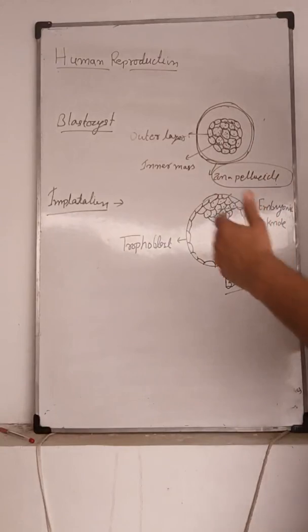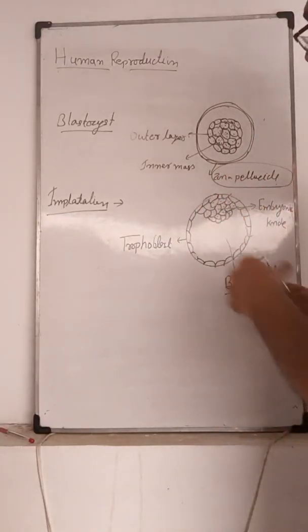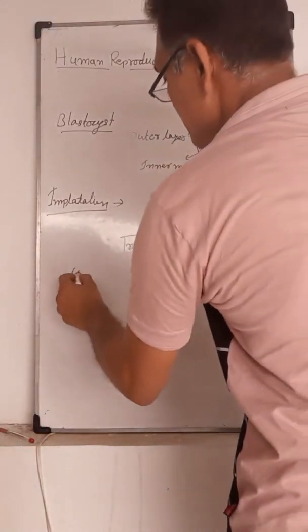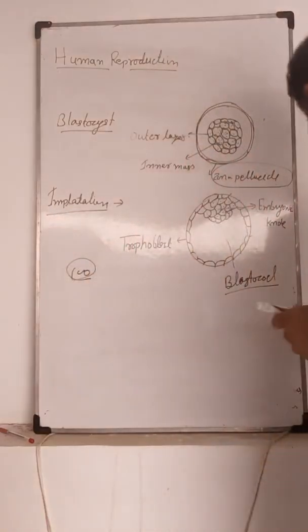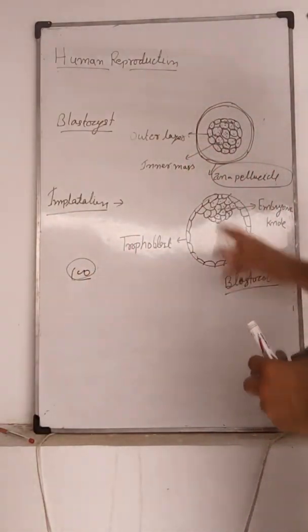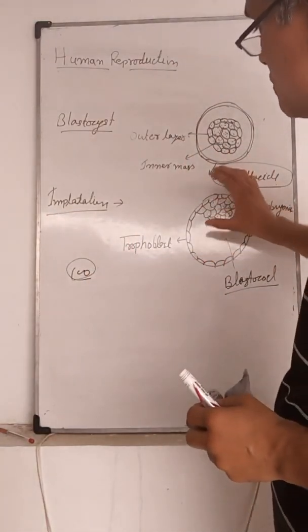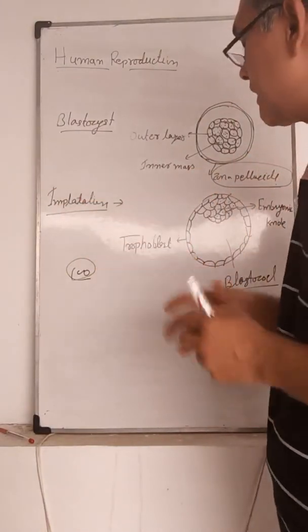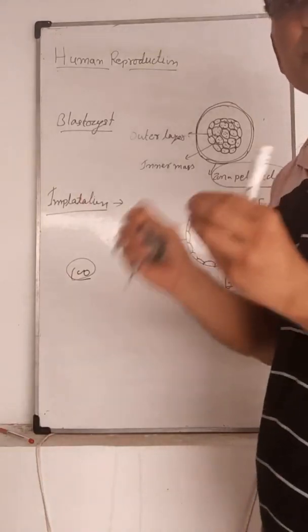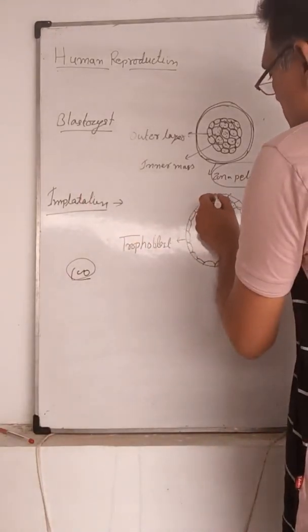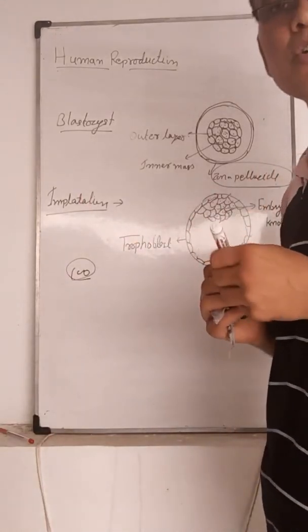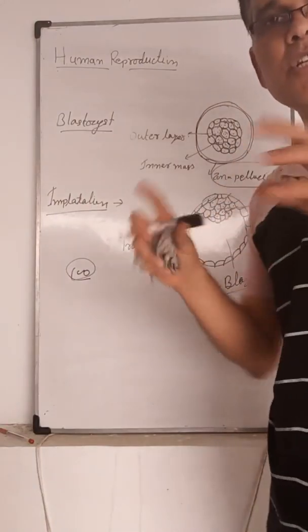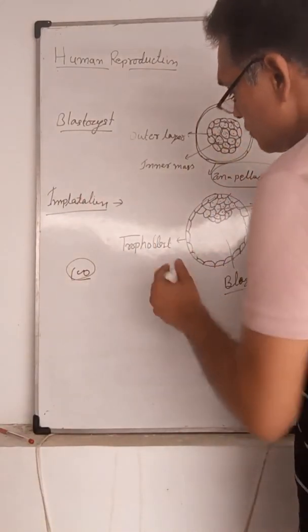The blastocyst has more than 100 cells, and its pole lies against the uterine membrane, and it releases some nutritive substance or some enzymes which dissolve the wall of the uterus.